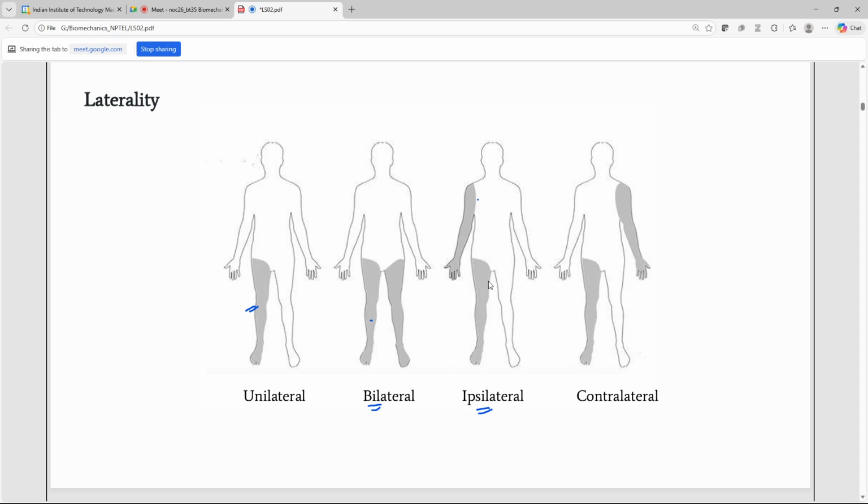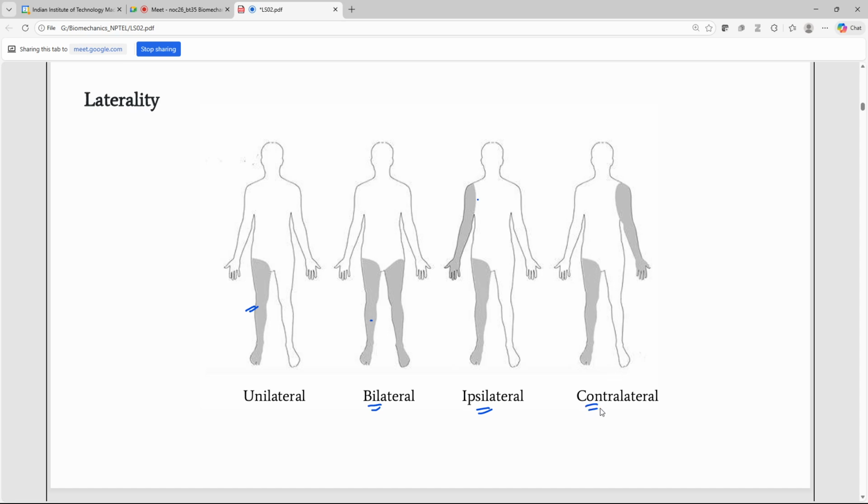Mostly the report will fix one reference point, like the right hand, right leg, or right lung, and going forward it will say ipsilaterally this is happening. So it's in relation to the affected part.